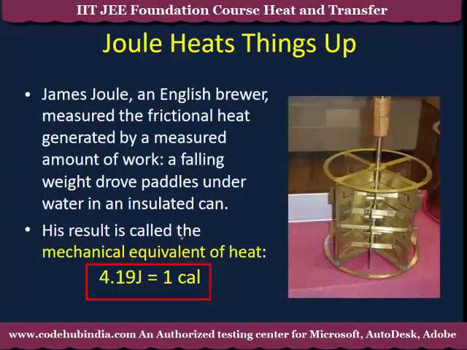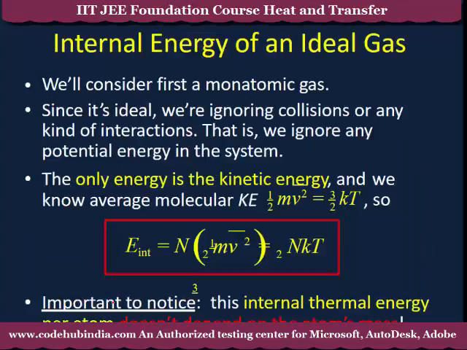This result is called the mechanical equivalent of heat. 1 cal equals 4.19 joule. That is the point to be remembered. You can keep this value every time, to convert calorie units to joule units. Clear?